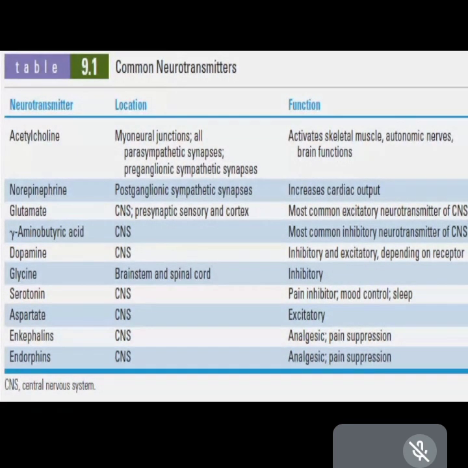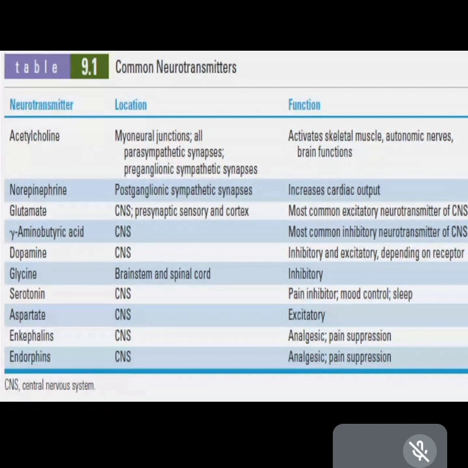So, mostly are found in the CNS, and then only the acetylcholine is the one in the MNJ and all parasympathetic synapses. So, excitatory: the glutamate, the dopamine, the aspartate.